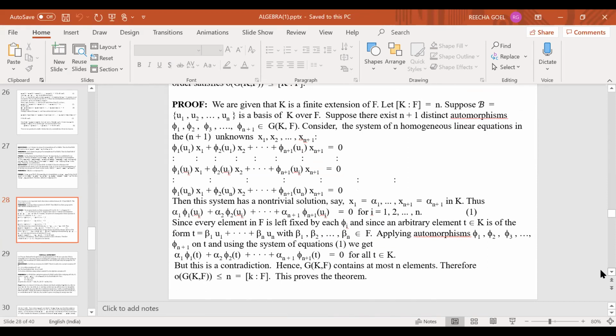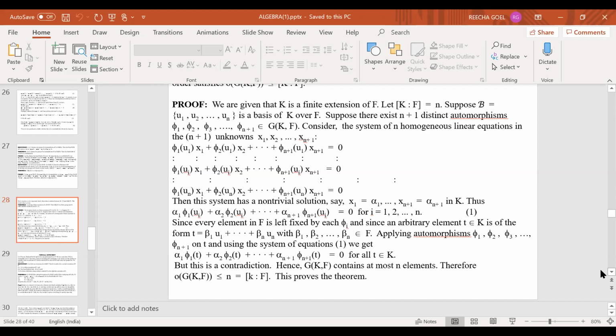You will get alpha 1 phi 1 t plus alpha 2 phi 2 t plus up to alpha n plus 1 phi n plus 1 t equal to 0, and this is going to be true for all t in K. Remember, alpha 1, alpha 2, up to alpha n plus 1 are not all 0. So it contradicts our lemma.